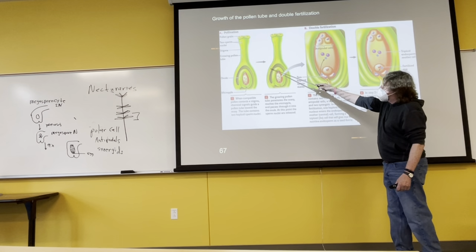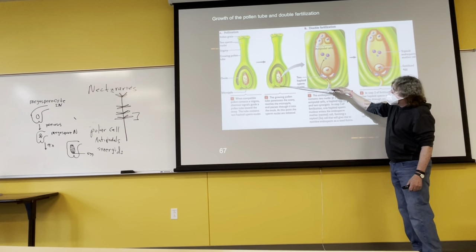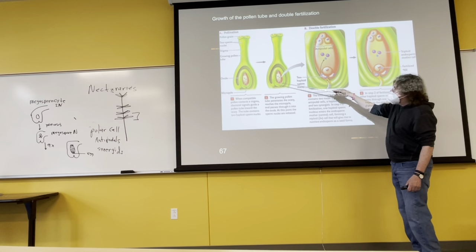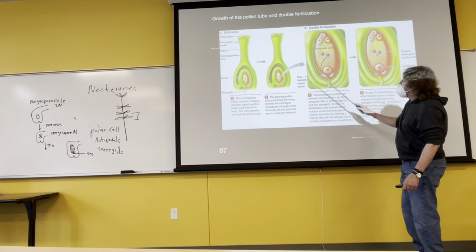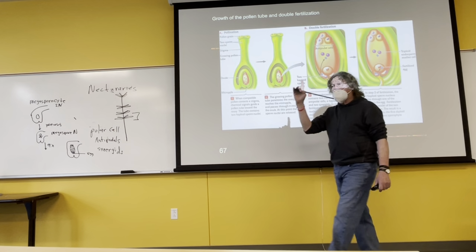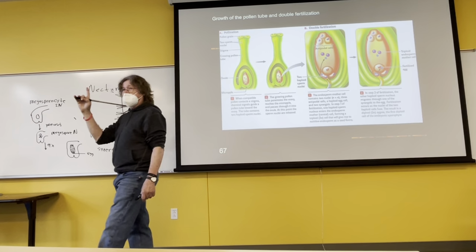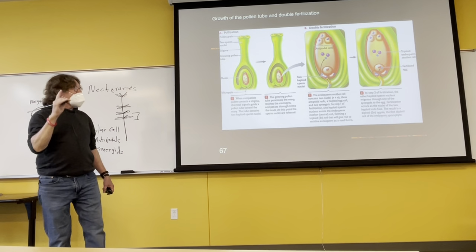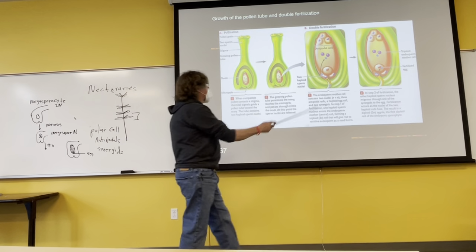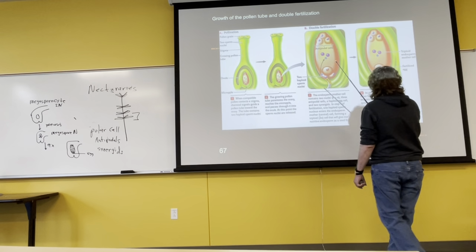Anyhow, what happens is now the tube cell, here's the micropyle. The tube will penetrate the micropyle, and both sperm nuclei will fertilize. One sperm nucleus fertilizes the egg. That's one fertilization event. The other sperm nucleus will fuse with the polar cells.